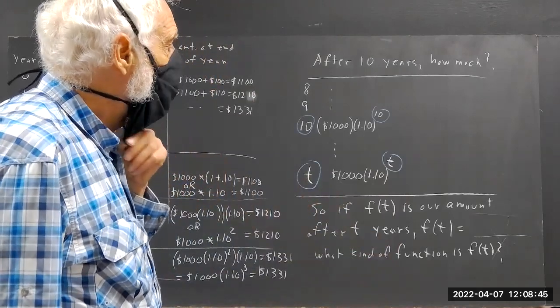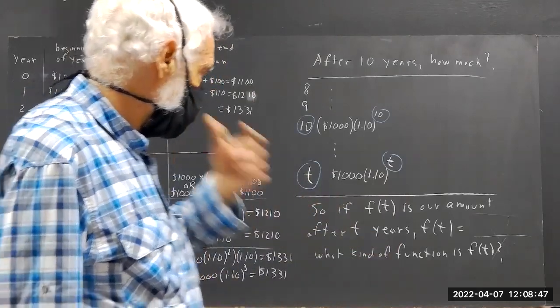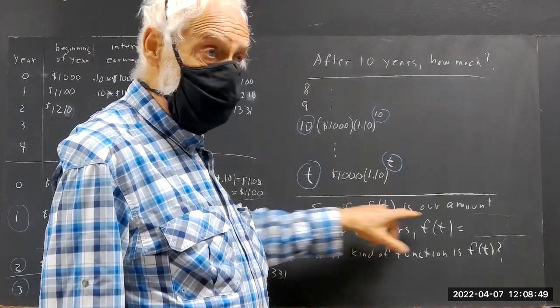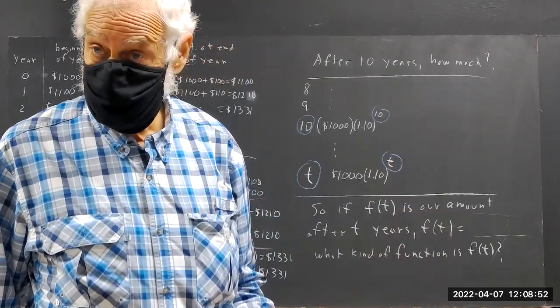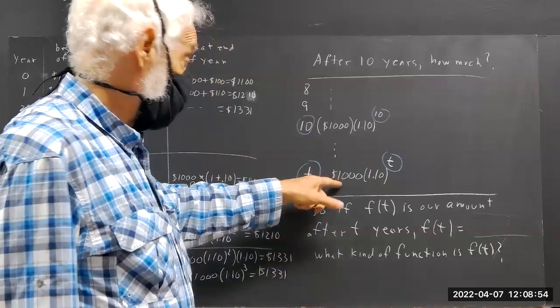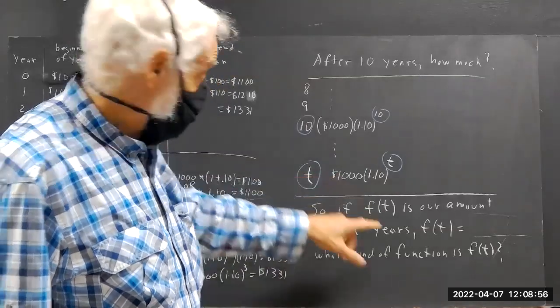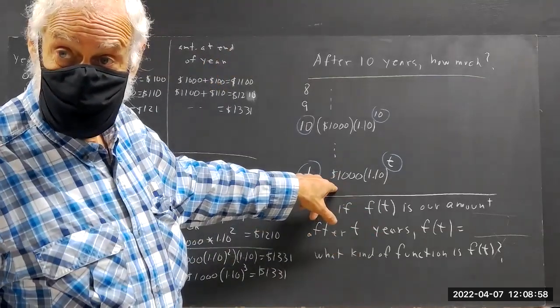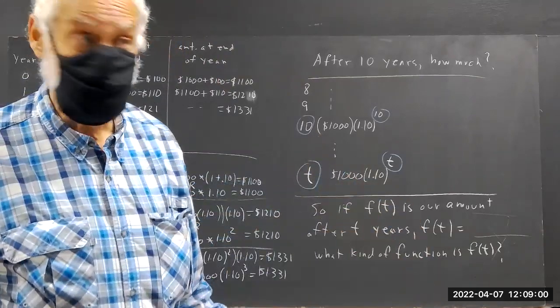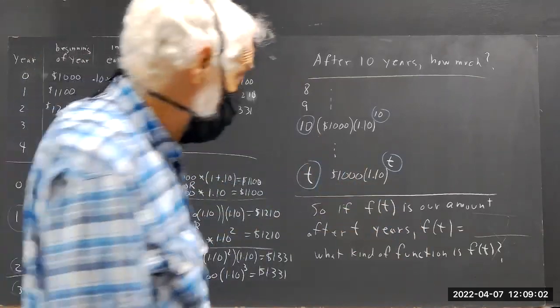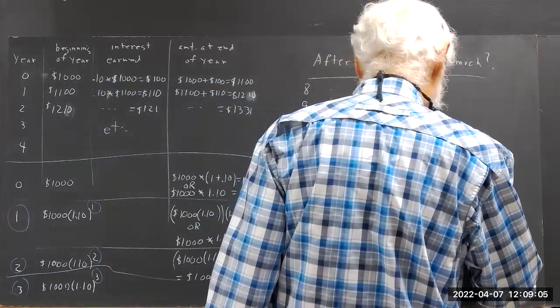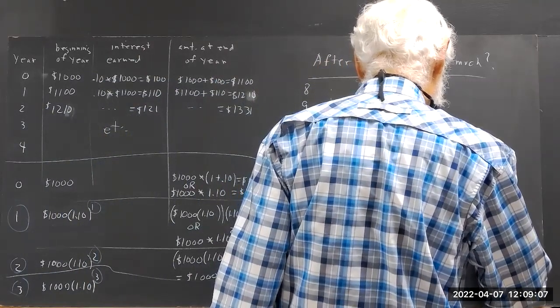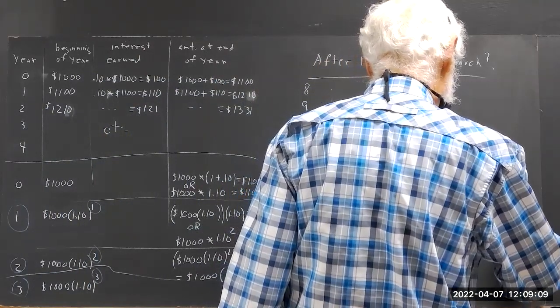Now, if f of t stands for our amount after t years, well, here's our amount after t years. So f of t must equal this, right? Otherwise, f of t wouldn't be the amount after t years. So f of t is $1,000 times 1.10 to the t.